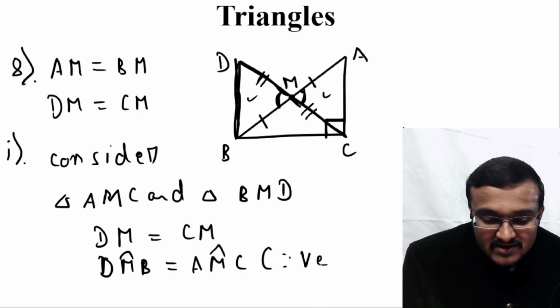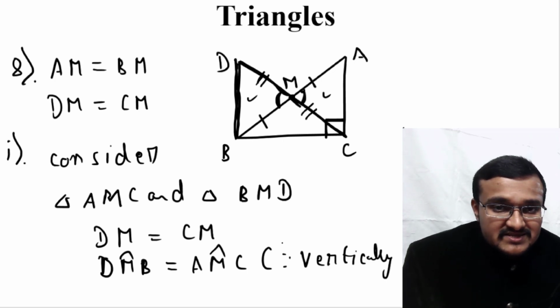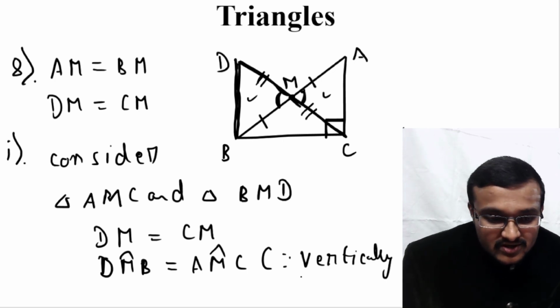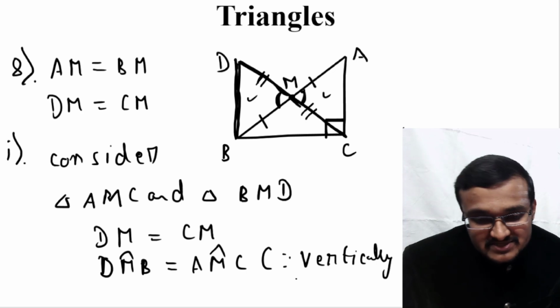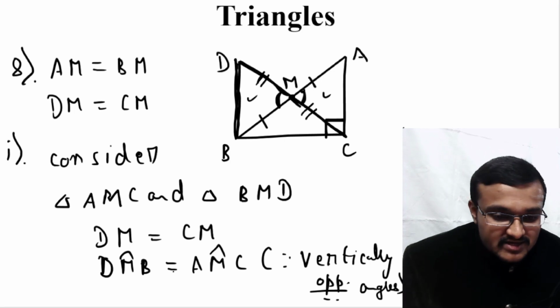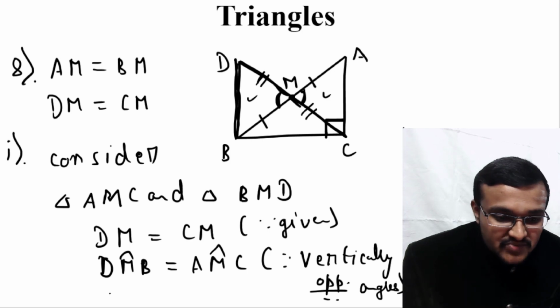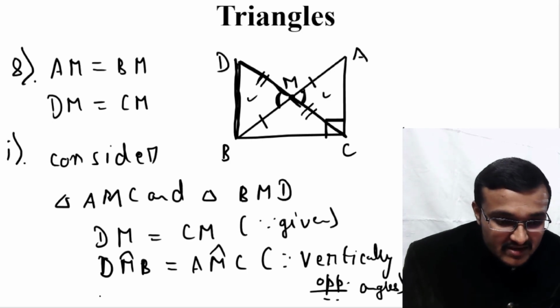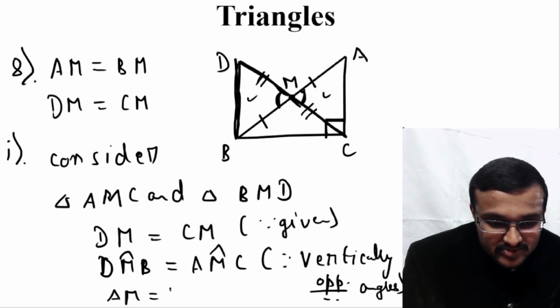This is because they are vertically opposite angles, because here AB and CD are straight lines. So DMB and AMC are vertically opposite angles. They will be equal to each other. So DM and CM are equal because this is already given in the question. Similarly here AM is also equal to BM.